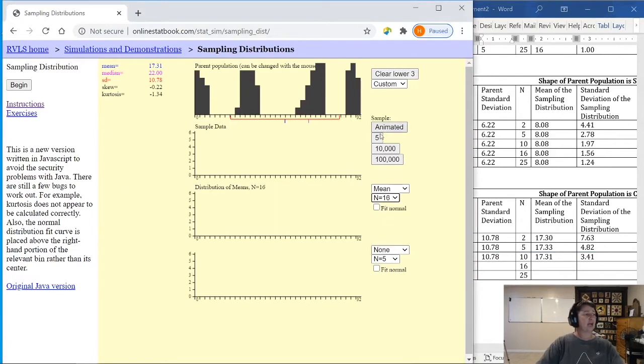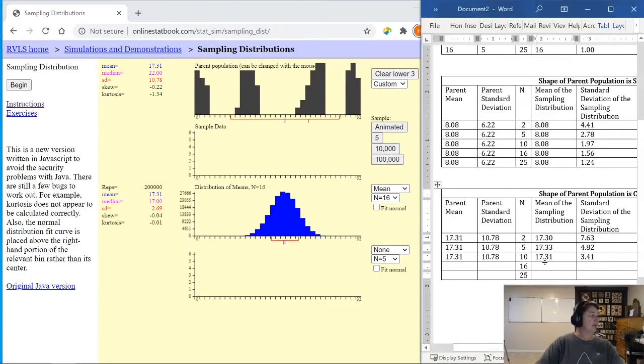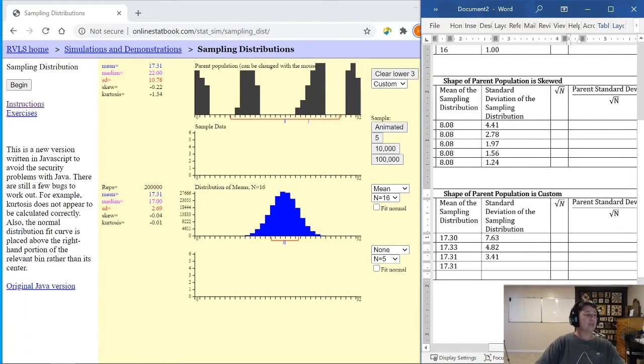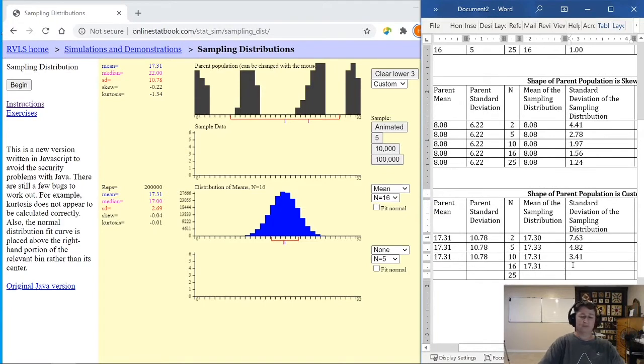A couple more times. I'm going to do that with a sample size of 16, creating a sampling distribution of those sample means. Let me just write down our data here. The mean of that new sampling distribution is still 17 and 31 hundredths, and our standard deviation is 2 and 69 hundredths. The parent mean is 17 and 31, and that didn't change.